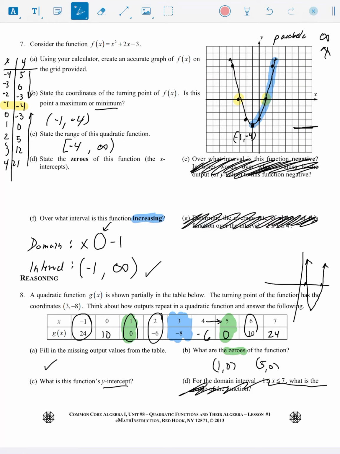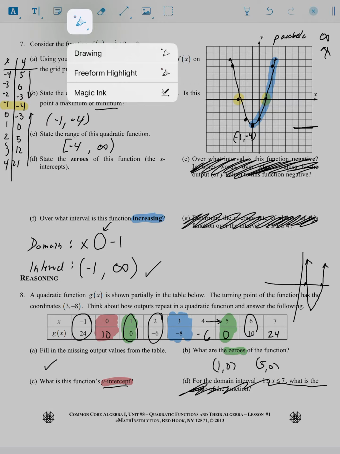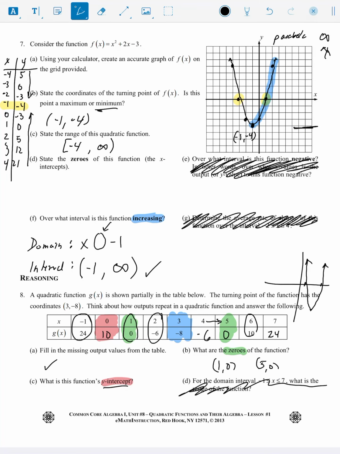That's your y-intercept. It's where it crosses the y-axis. There's only one x value here that's equal to 0, and it looks to be right there. That point, 0, 10, is your y-intercept. It's where it crosses the y-axis.